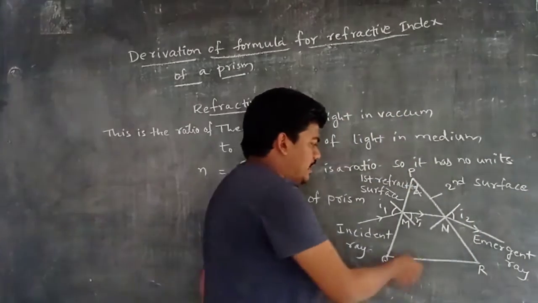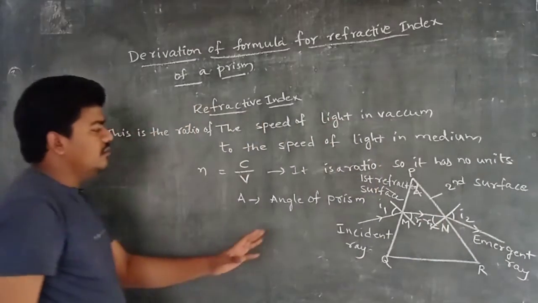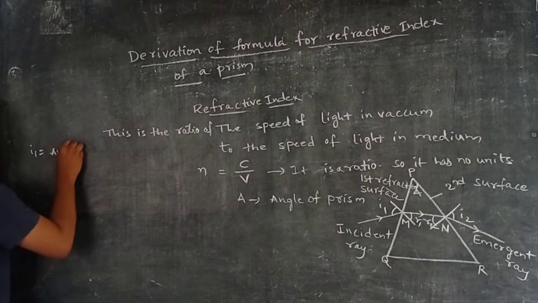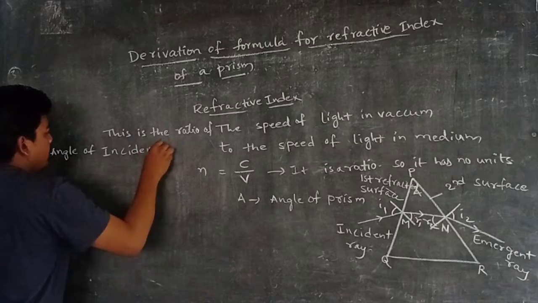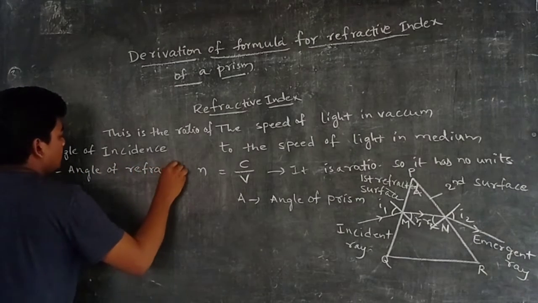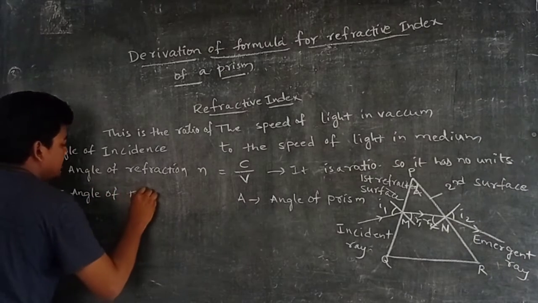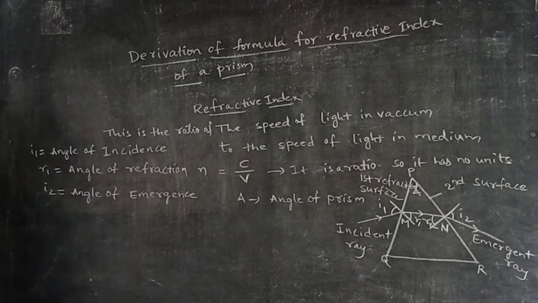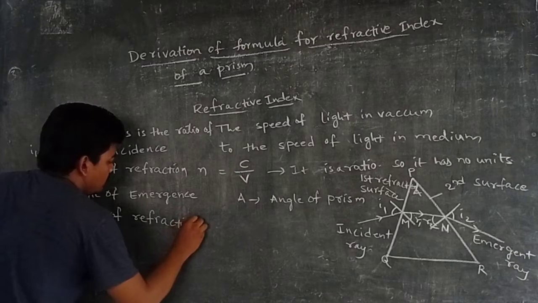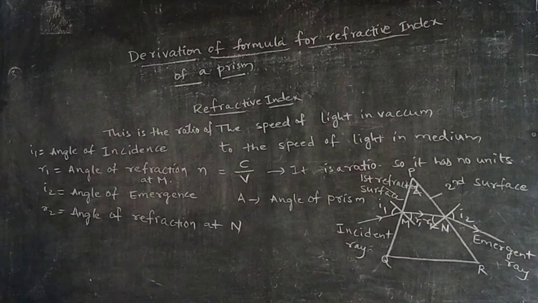The refracted ray makes an angle with its normal, the refracted angle, R2. So I1 is the angle of incidence, R1 is the angle of refraction at M, I2 is the angle of emergence, and R2 is the angle of refraction at N.